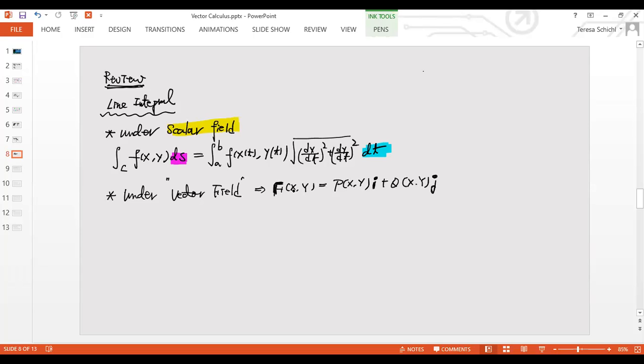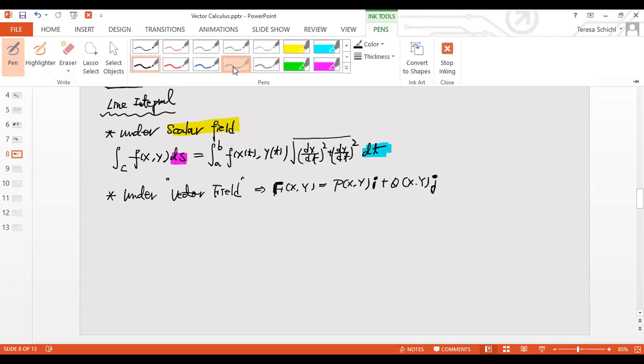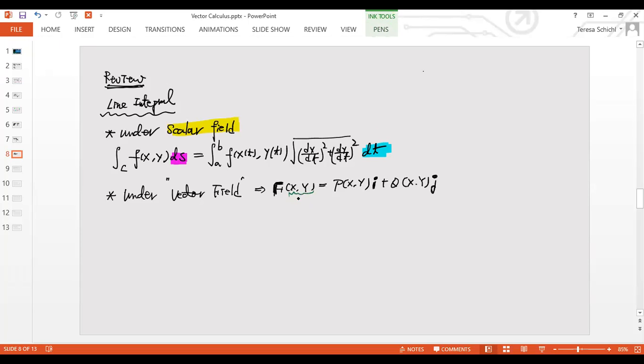The domain is in R2, so every point has a vector. Then you can graph the vectors. If you use graphing software, it's a lot easier to see those vectors and feel what the field looks like.